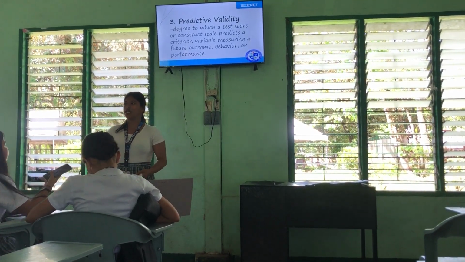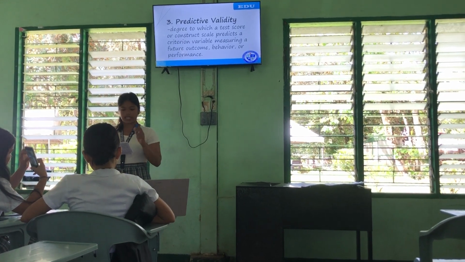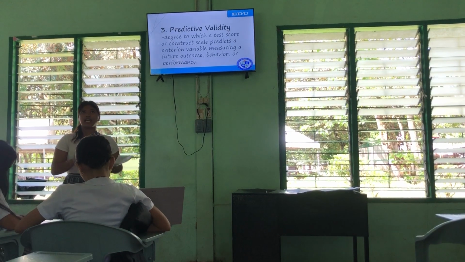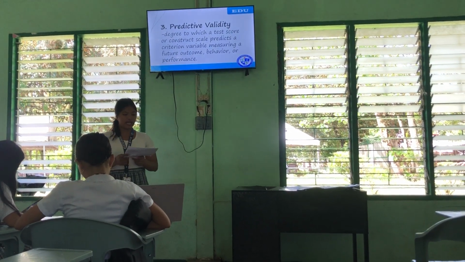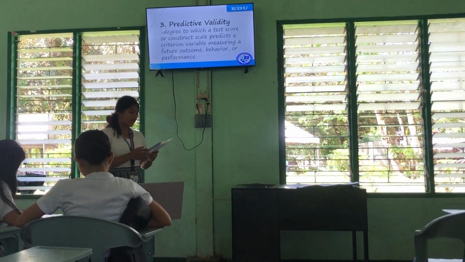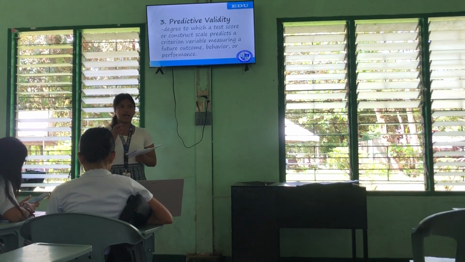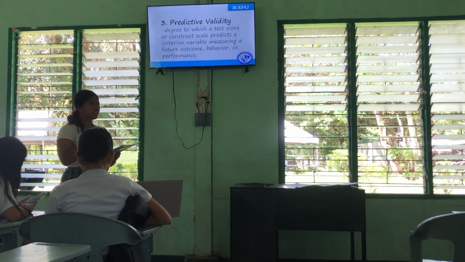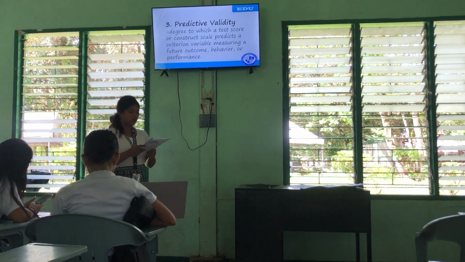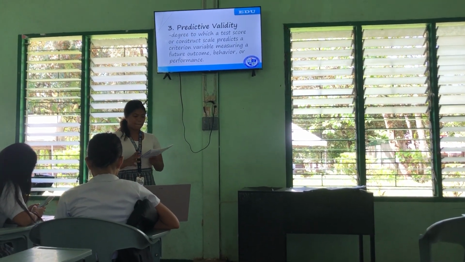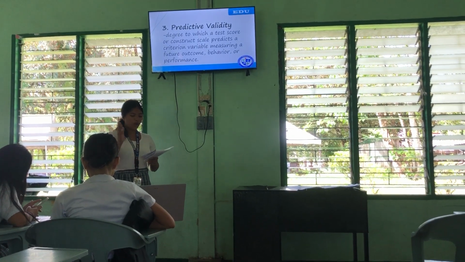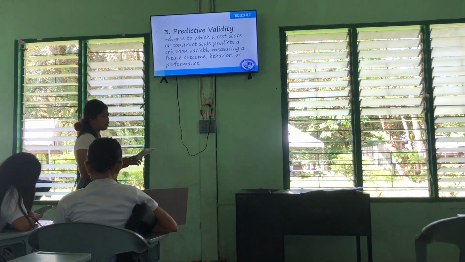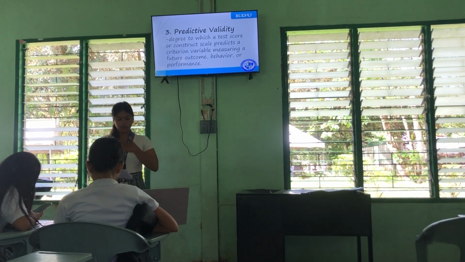In educational assessment, predictive validity refers to how a test or assessment can predict a student's future performance or outcomes in a related academic setting. It's about using the test scores to forecast how well students will do in future courses, programs, or educational experience.